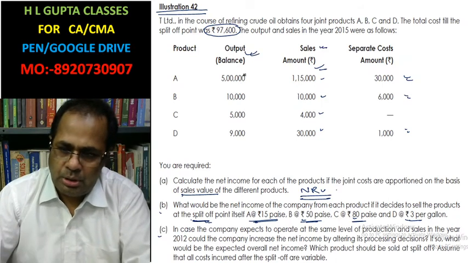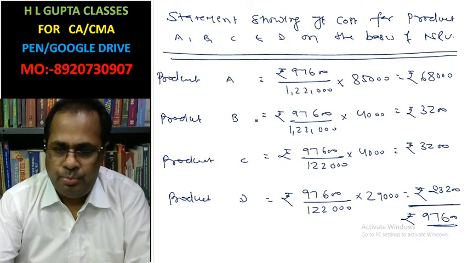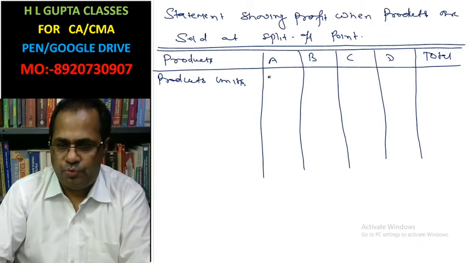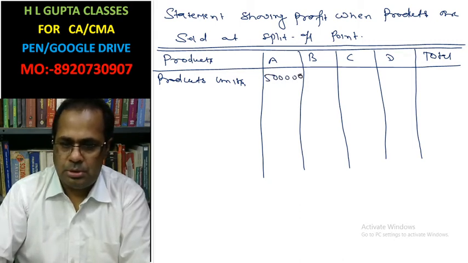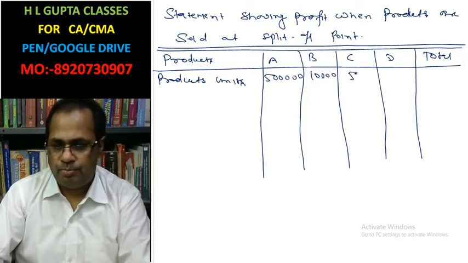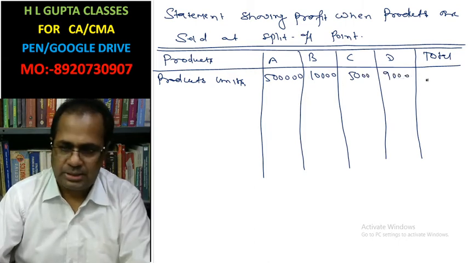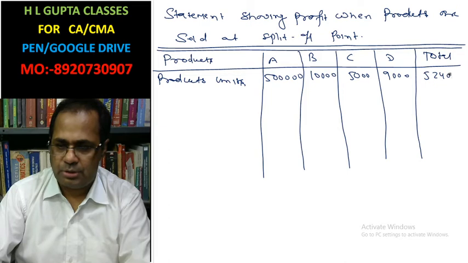Output 5 lakh units, 10,000, 5,000, 9,000. Total 5 lakh 24,000 units.